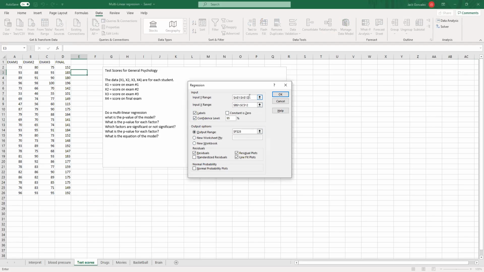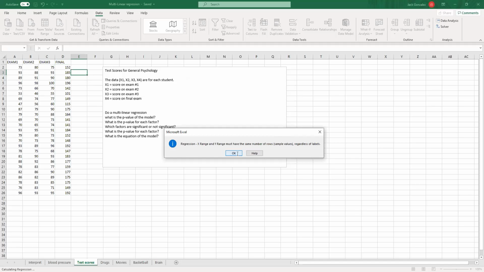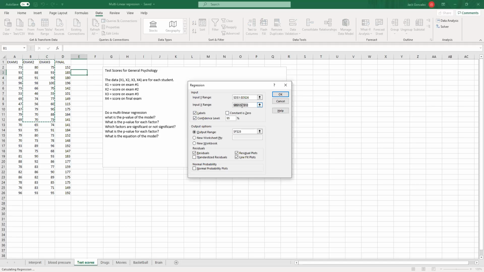This is when you have to use your common sense, thinking about what impacts what. I think these will impact the final exam, so we'll choose final as the Y value. Then I will choose the 3 exams for the X values.